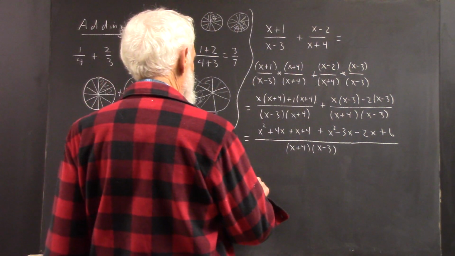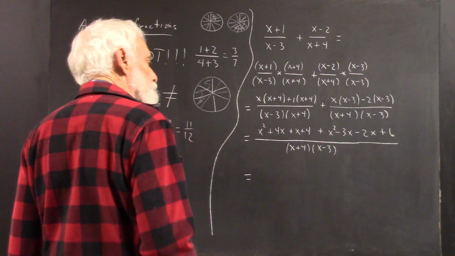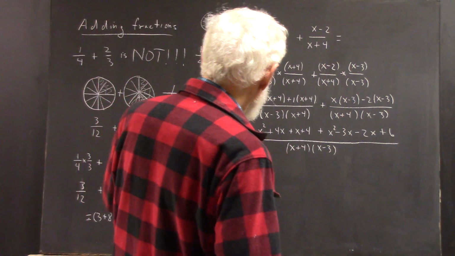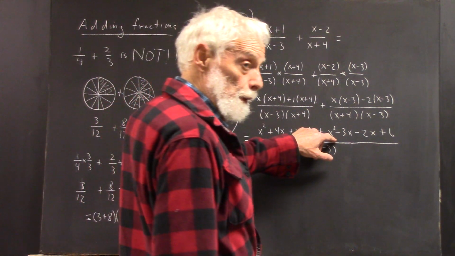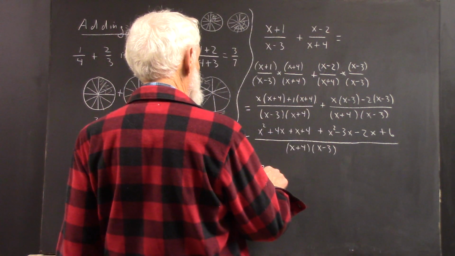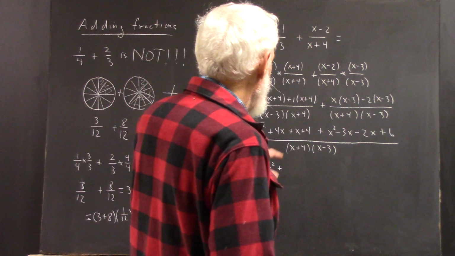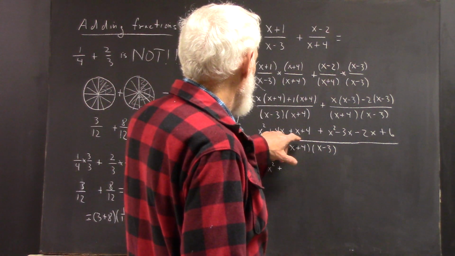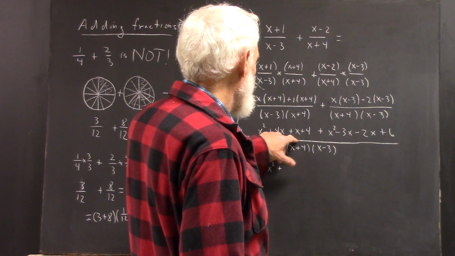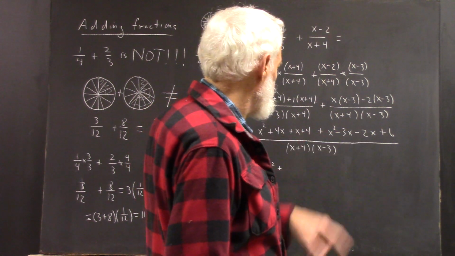Now we simplify the numerator. We have an x squared and an x squared, so that's going to give us 2x squared. Then we have a 4x and an x, which is 5x, and a negative 3x minus 2x, which is negative 5x.